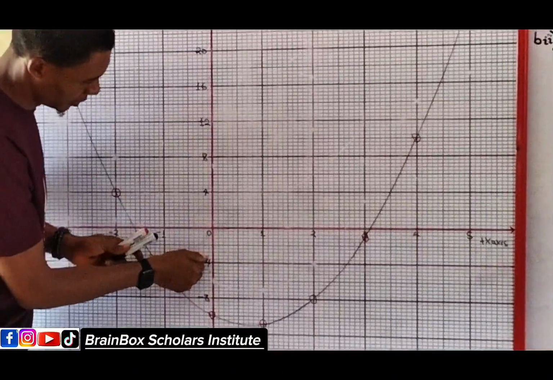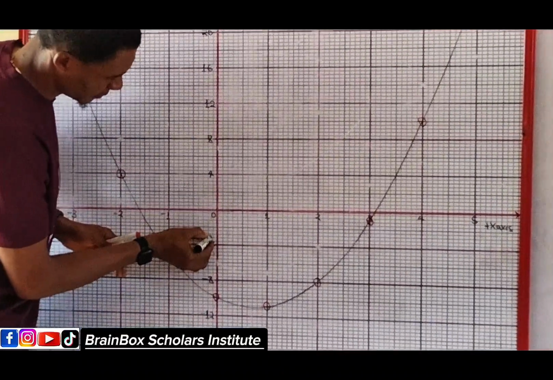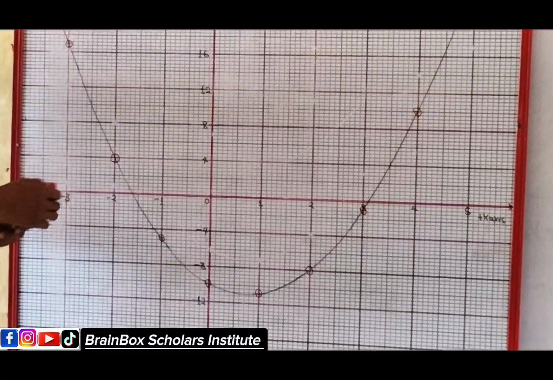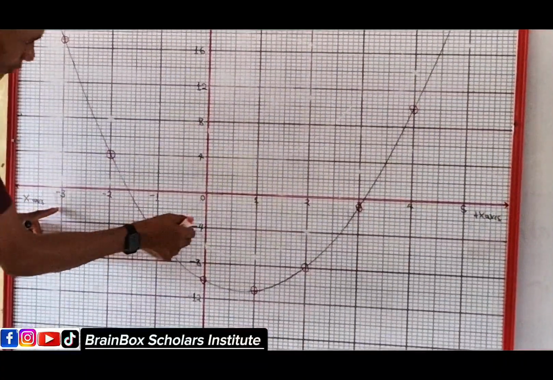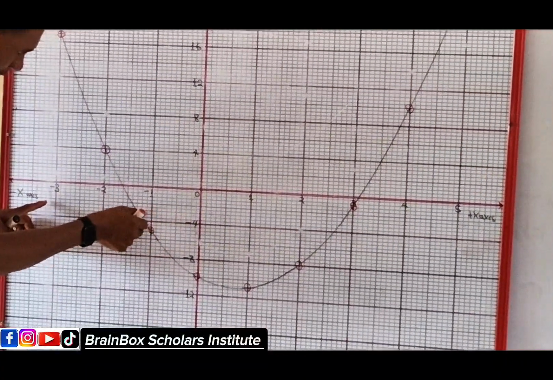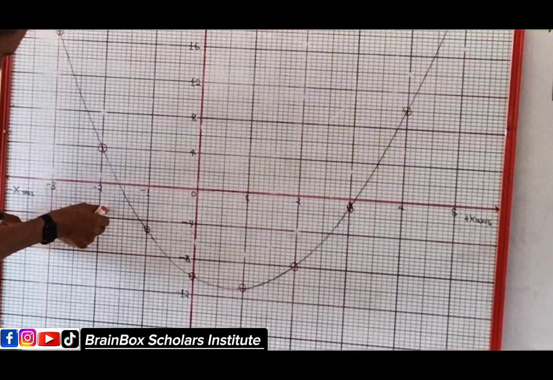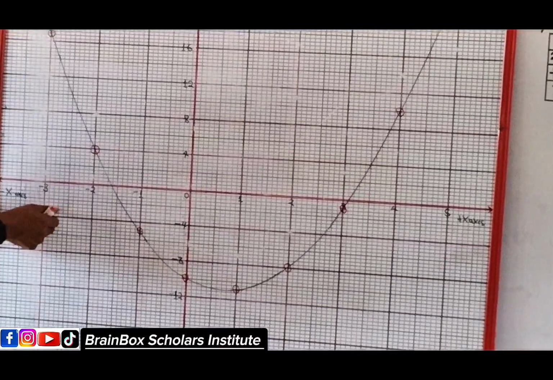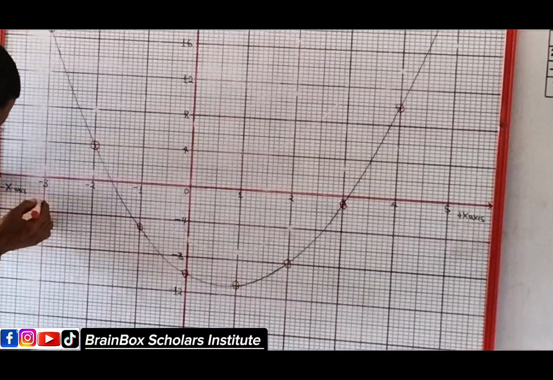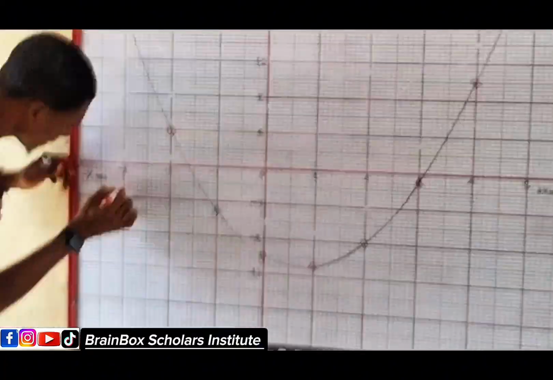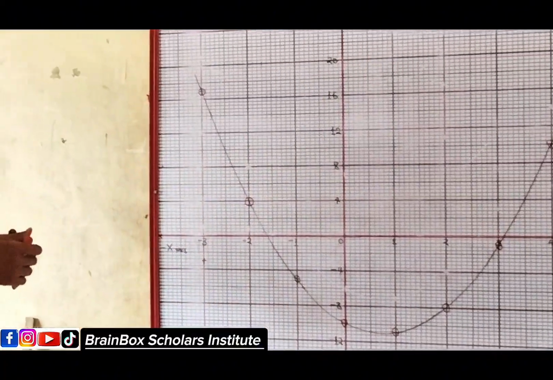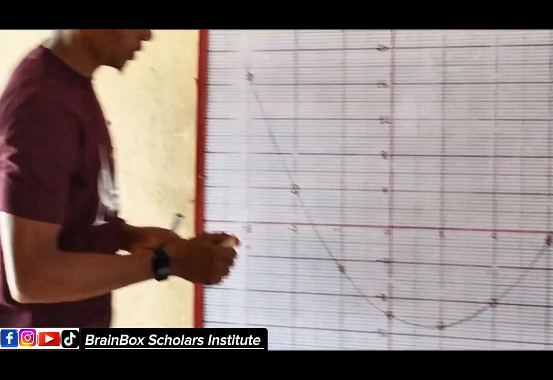Are we there? So I'll put my point here. Okay? So let me connect it to 3. So here, you have the 3. Alright.